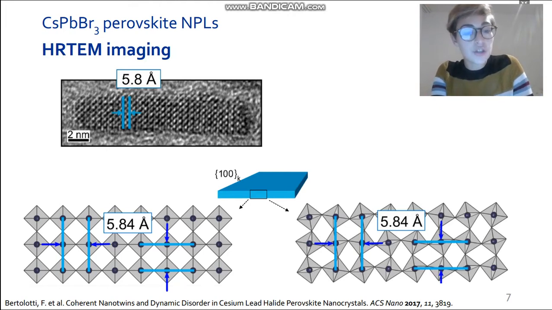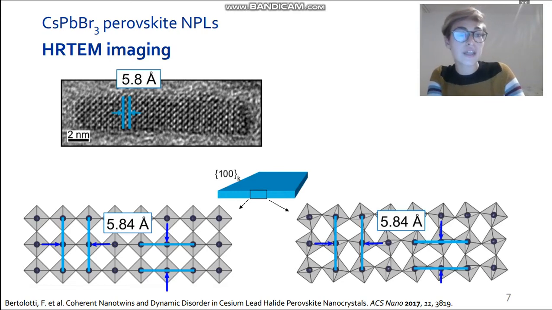High-resolution TEM images show an interplanar distance of about 5.8 angstrom measured between columns of lead ions running parallel to the facets of the nanoplatelets. It's worthwhile noting that this feature is common to both cubic and orthorhombic polymorphs, and this indicates that the orthorhombic phase retains a pseudocubic facing.